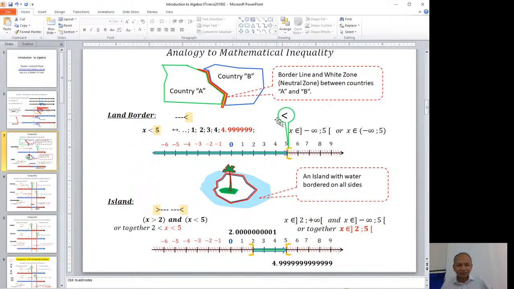This is two countries A and B, and then we have the border between them, and the border can belong to A or can belong to B. Okay, the border area, the border region. But here it doesn't belong to either. When we use a simple symbol like this, the border area doesn't belong to the territory, doesn't belong to the countries.